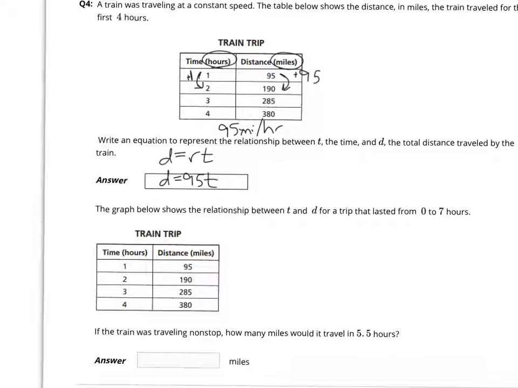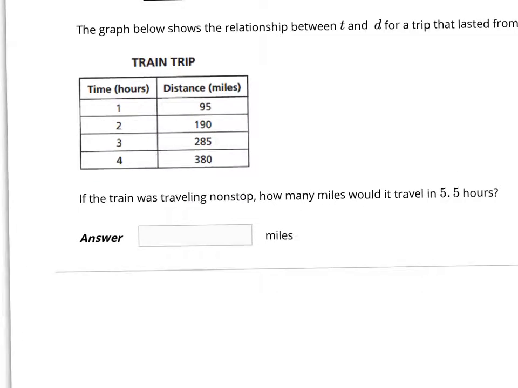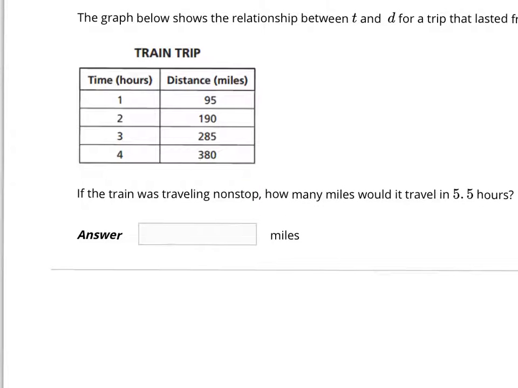And then they have a graph that shows the relationship between T and D. If the train was traveling non-stop, how many miles would it travel in 5.5 hours? So that one we could just use the fact of it's going 95 miles an hour. If you wanted to, you could take your equation.